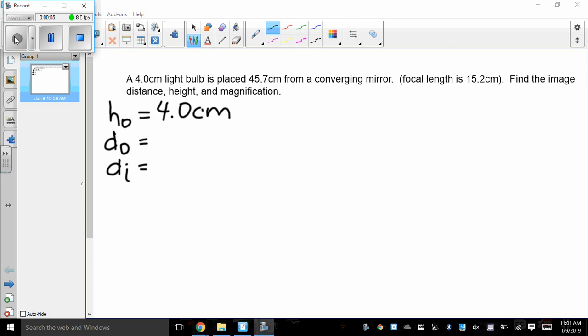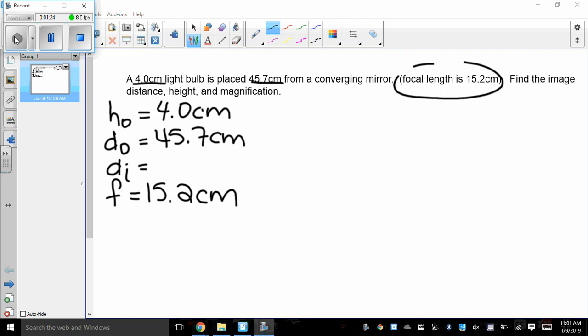Okay, so that came from there. Distance of the object. So our distance came from that spot. And distance of image is 13.2 centimeters. Focal length is 15. So our focal length, the value that we know, is 15.2 centimeters.